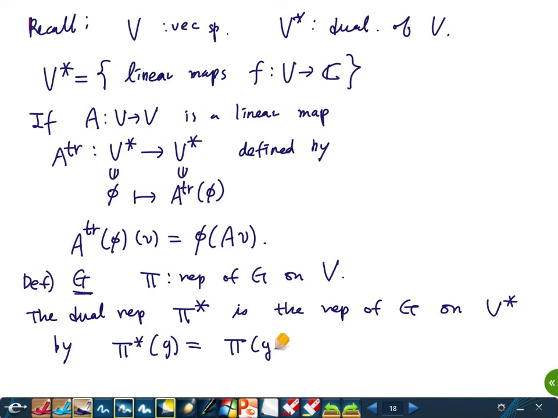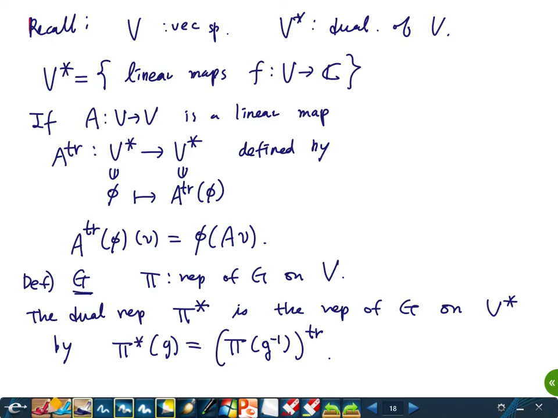Pi star of g is pi of g inverse, transpose. So G is a group, so G inverse exists, and we can talk about pi of G inverse, and then we just take the transpose. Then it is indeed a representation.